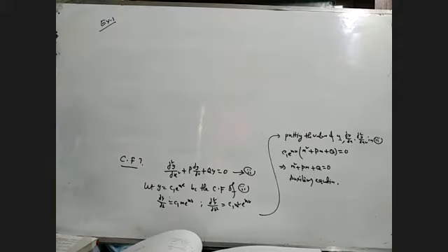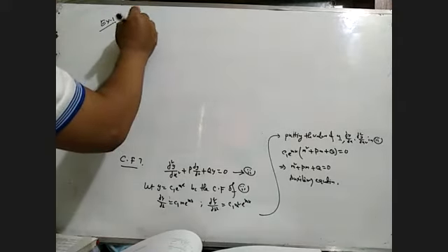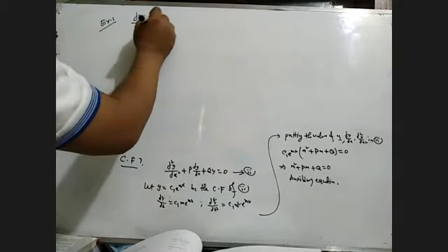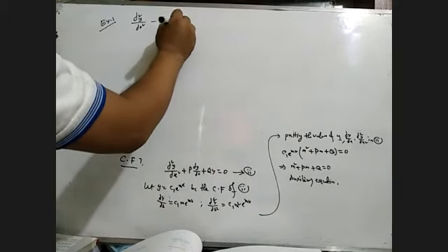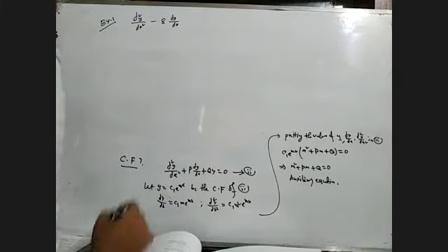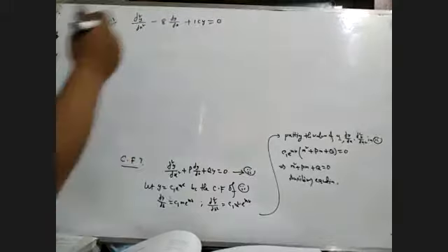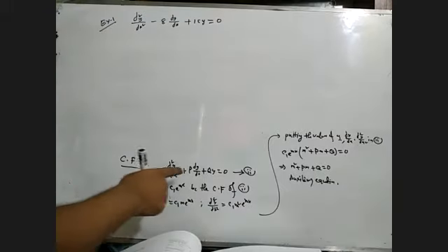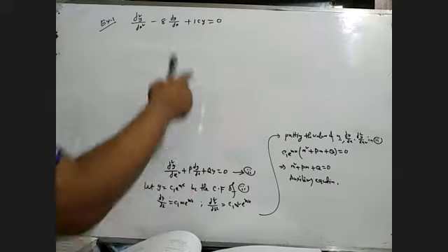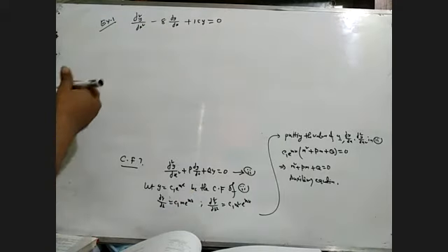Example 1. Solve d²y/dx² − 8 dy/dx + 15y = 0. How to solve this type of problem? Here P equals −8 and Q equals 15. It is a second order differential equation of first degree.